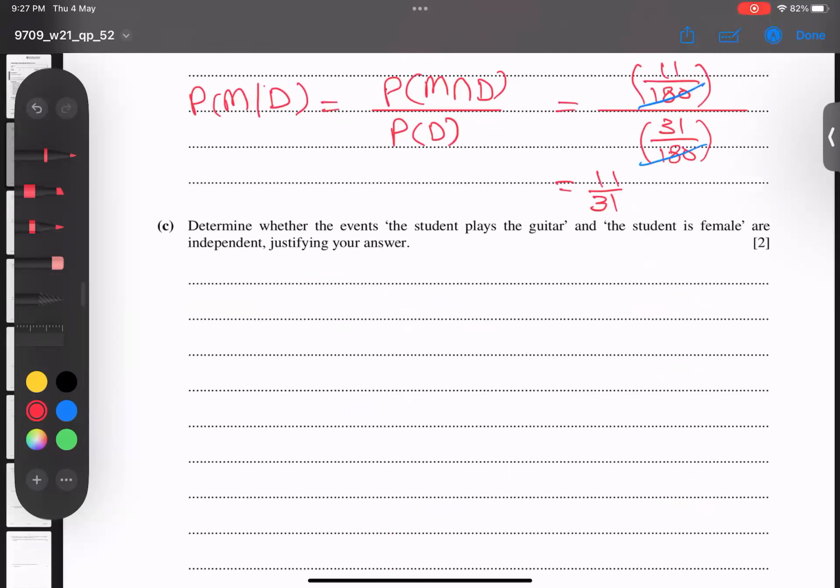Determine whether the events student plays guitar and student is female are independent. Justify your answer. So we have two events, guitar and female.